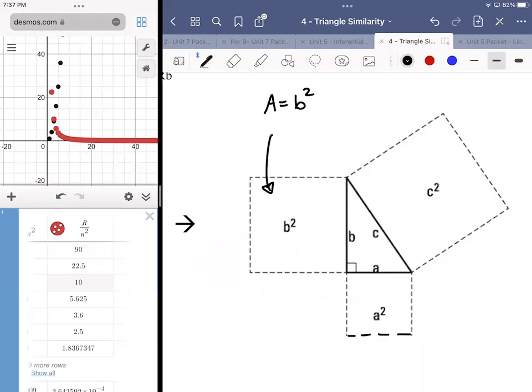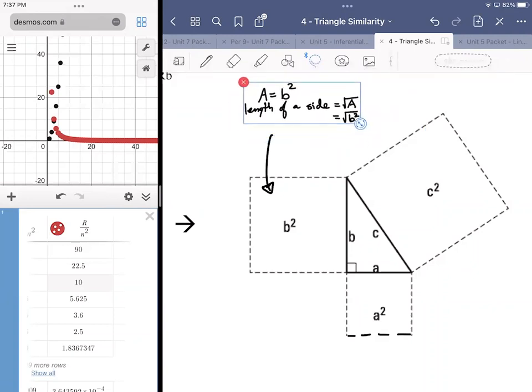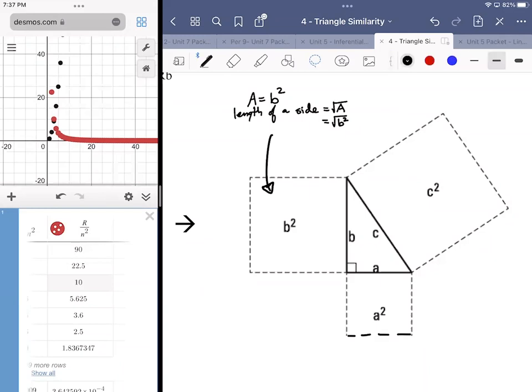So if I find the length of a side, it is equal to the square root of the area, then the length of the side here is going to be the square root of b squared. I'm just going to reduce this down a little bit. So the length of a side is the square root of b squared. Okay. So then we just have to think about what would that be? Well, it would be b.